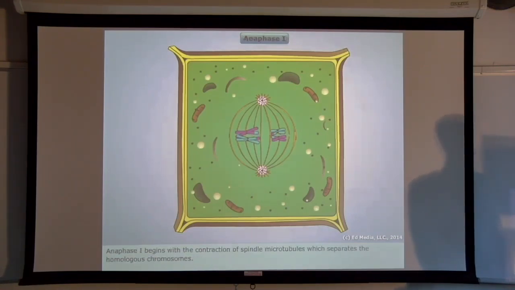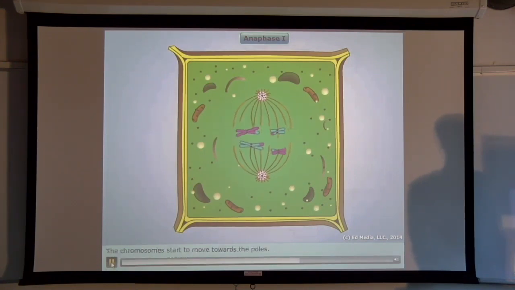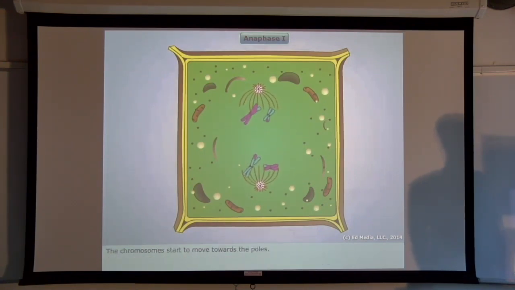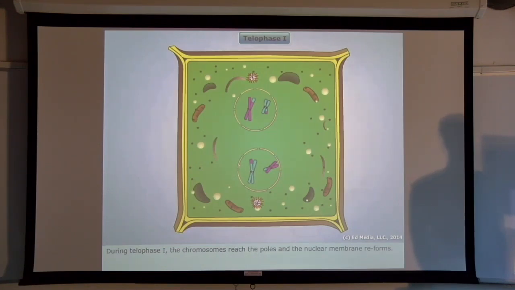Anaphase 1 begins with the contraction of spindle microtubules, which separates the homologous chromosomes. The chromosomes start to move towards the poles. During telophase 1, the chromosomes reach the poles and the nuclear membrane reforms.